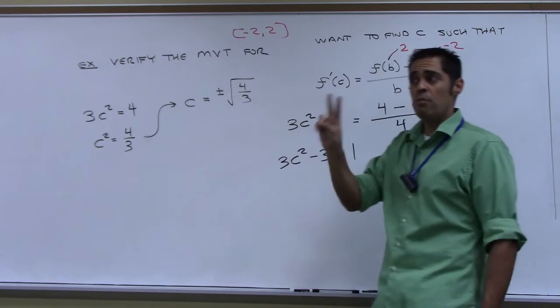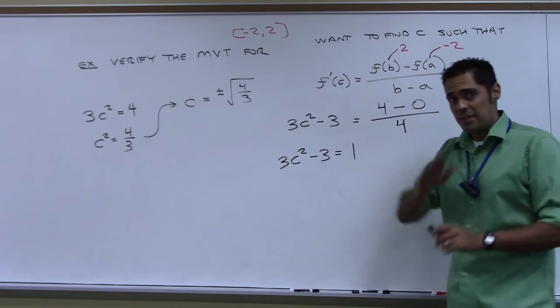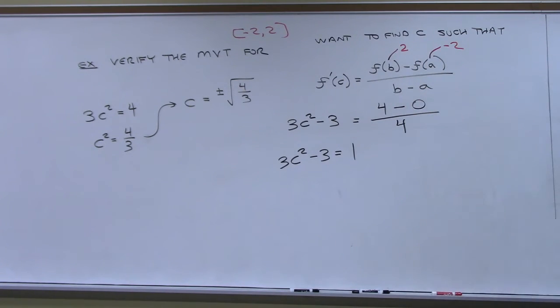So there's actually 2 points where, if I graph the tangent line there, it should be parallel to the secant line. We shall see. X cubed, what was the original one?